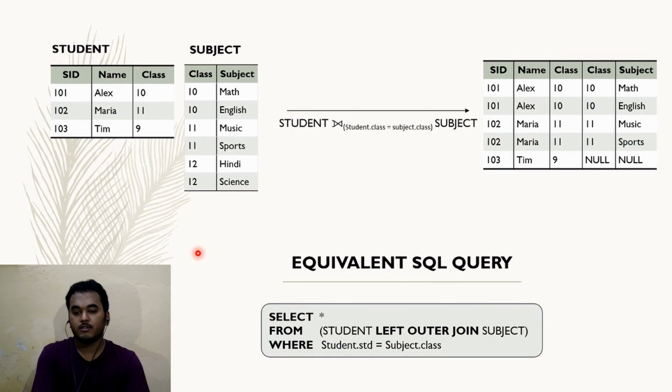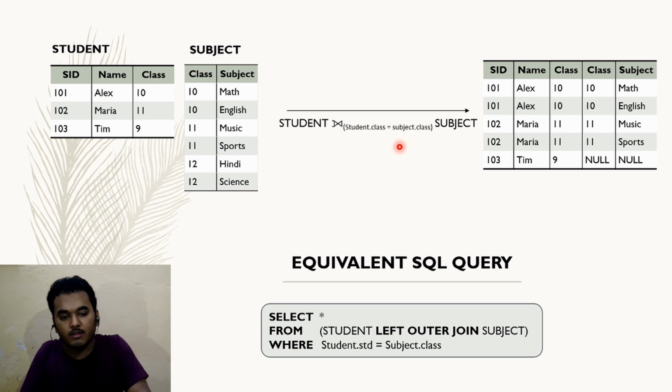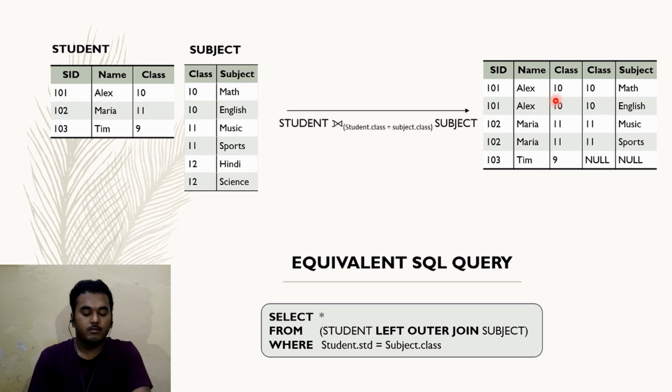Let's take an example. We have the same student and subject relations. We perform a left outer join with this as the joining condition. Here you can see that all the tuples of the student relation are displayed, and for those tuples for which the joining condition has passed, or there's a matching tuple in the subject relation, it is displayed in the final result.